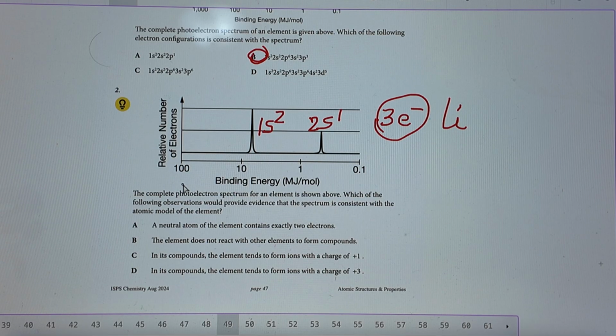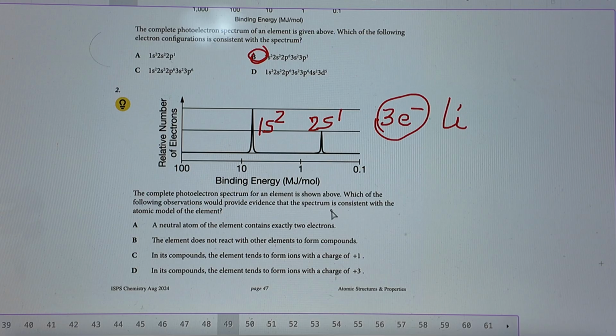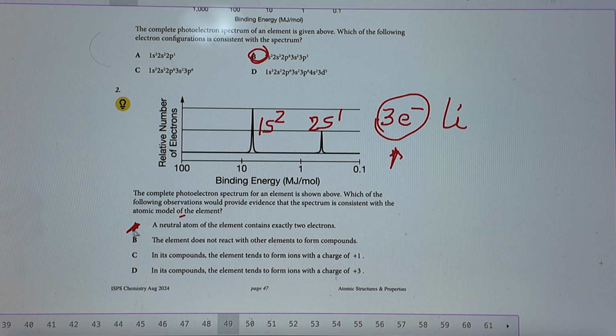So we have the complete photoelectron spectrum of an element is shown above. Which of the following observations would provide evidence that the spectrum is consistent with the atomic model of the element? So a neutral atom of the element contains exactly 2 electrons. We know there's 3 electrons here, so we know A can't be right.